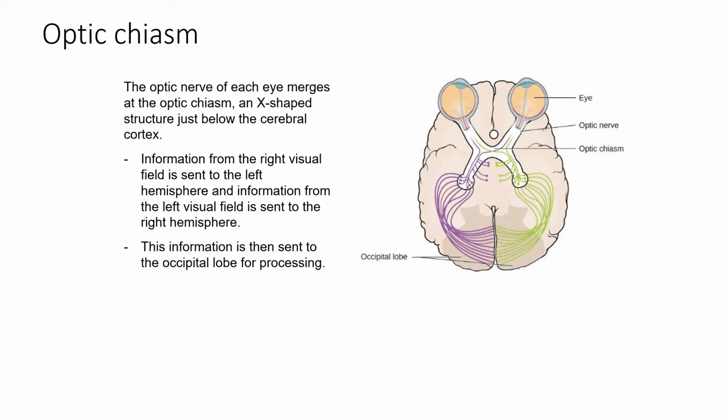Information from the right visual field is sent to the left hemisphere. And this information is then sent to the occipital lobe for processing.